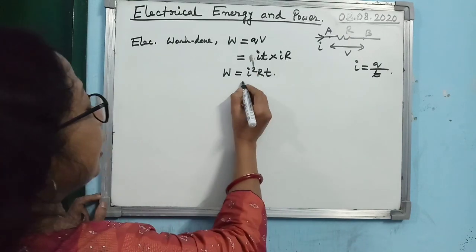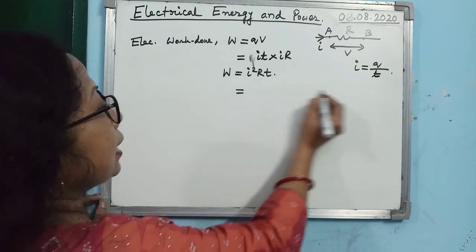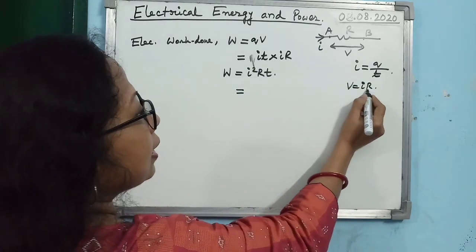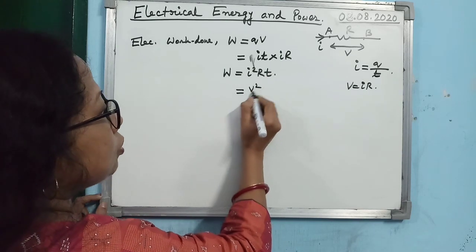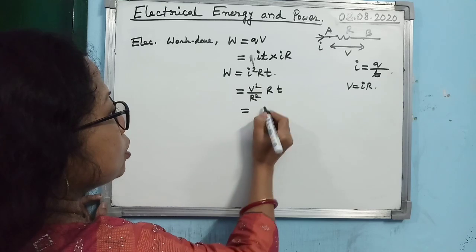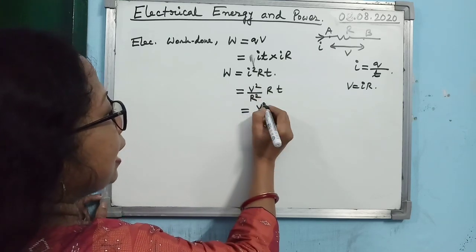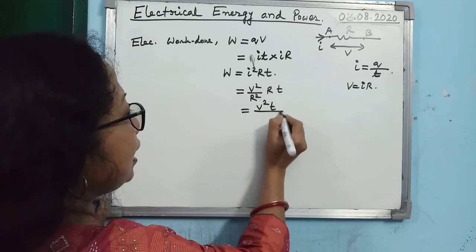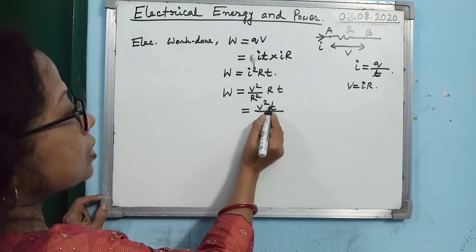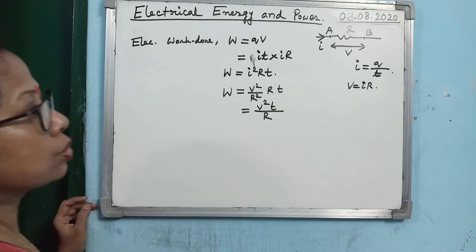Another one: in place of I, because you know V is equal to IR, you can write V by R. So how much will it become? V square by R square into R into T. So you get V square into T by R. So you can write work done as V square T by R also.